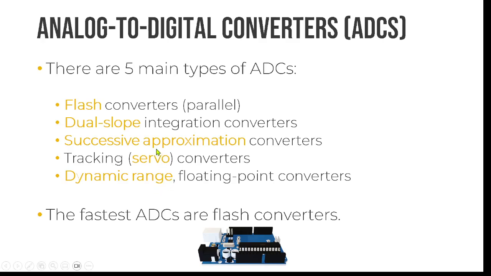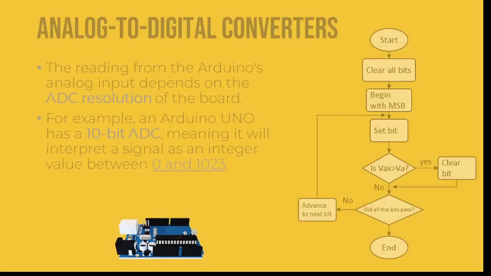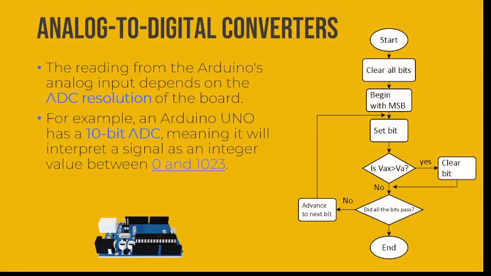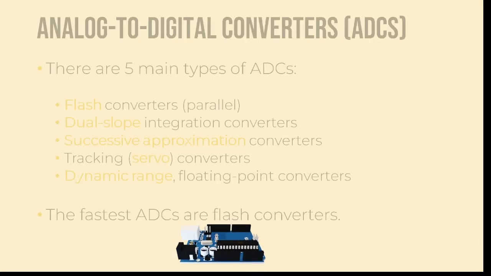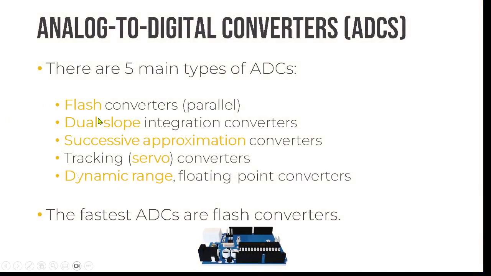The important thing is flash are the fastest. It works with a ladder of resistors, and the successive approximation one, that is this one. Okay, these are the steps that the ADC follows, right? You can buy it.